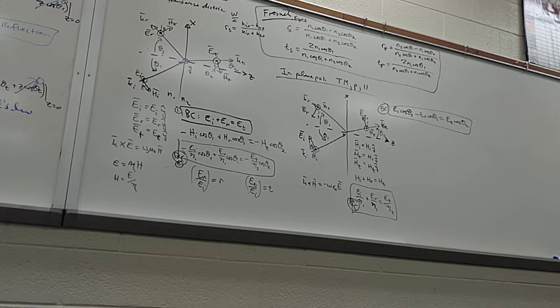Then we'll have some reflected light off like this at an angle theta 1. And then we can look at the irradiance I_R that's reflected. And then we'll have some transmitted light here with some irradiance I_T. And this illuminated area, let's say, has area A.